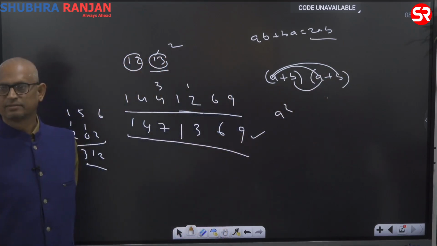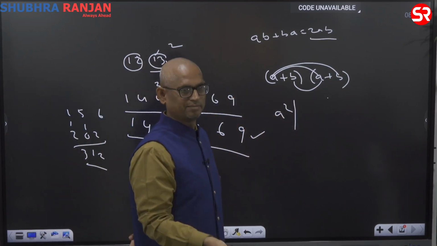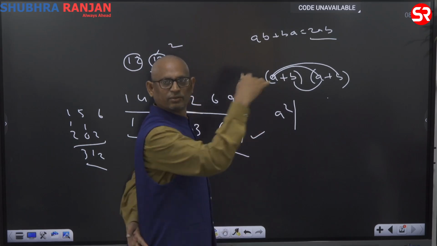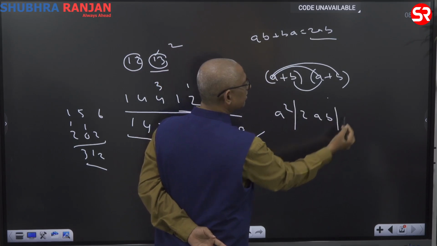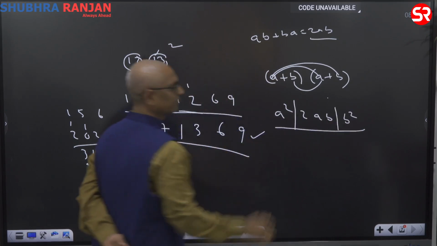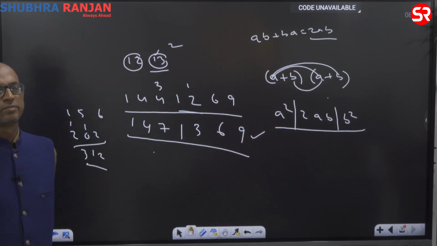Got it? So that's why in (A plus B) whole square, 2AB came. It is not like we are just using the formula. Even in the formula, why did 2AB come? Because of this. Then what will come? B square. That's all. Everybody comfortable? Understand?